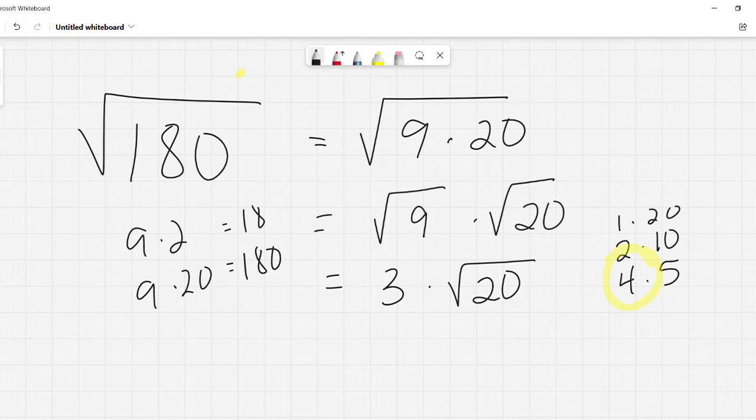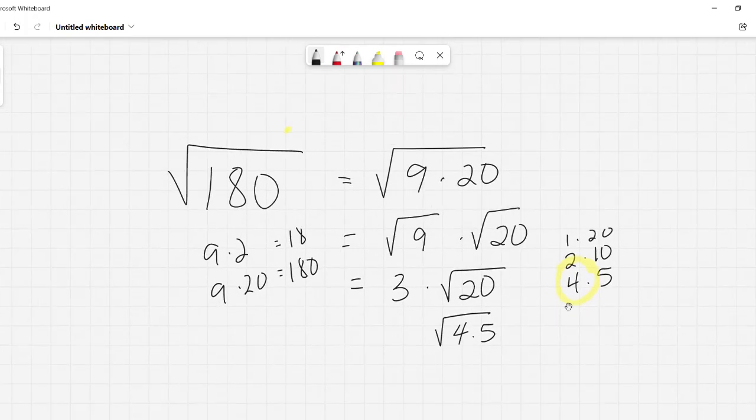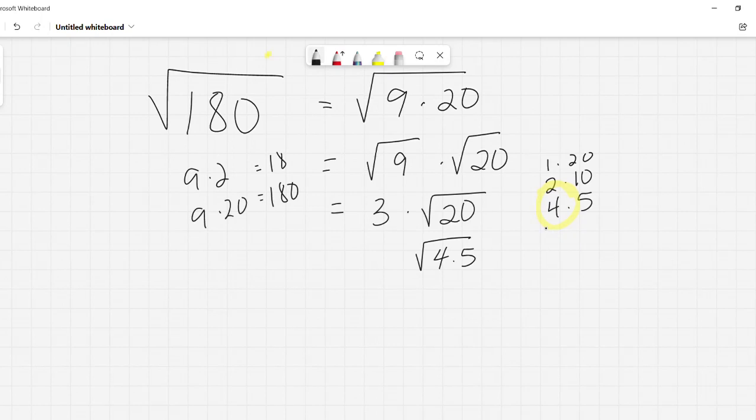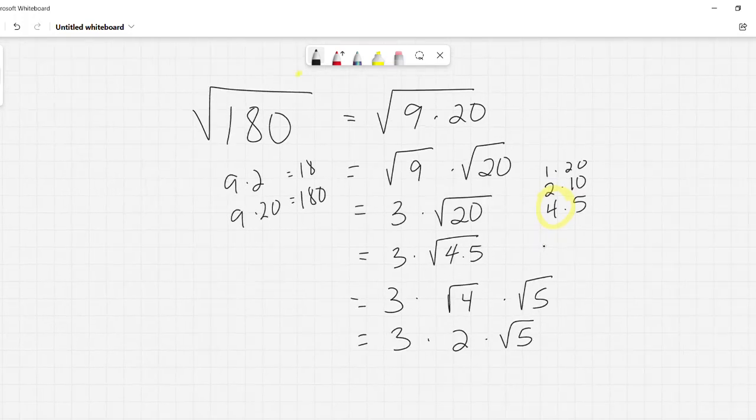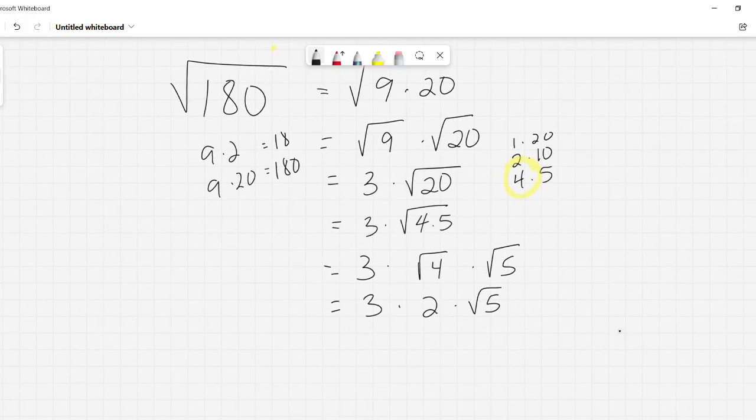So square root of 20 is square root of 4 times 5. Still got our 3, haven't forgotten about it. So square root of 4 times square root of 5. 3 times square root of 4 is 2. Square root of 5. 3 times 2 is 6 times the square root of 5.